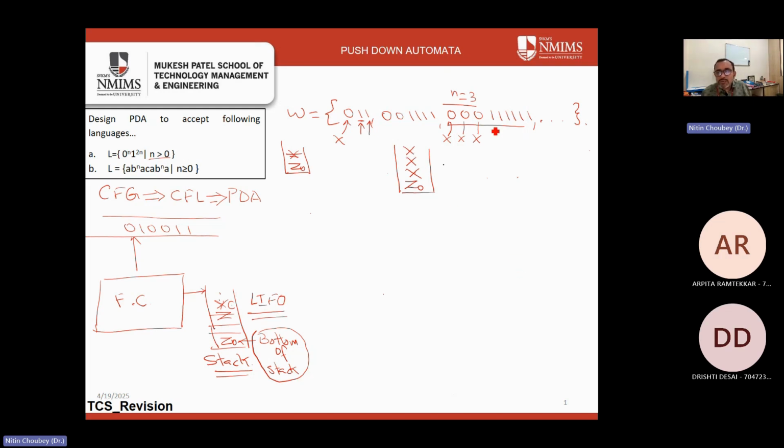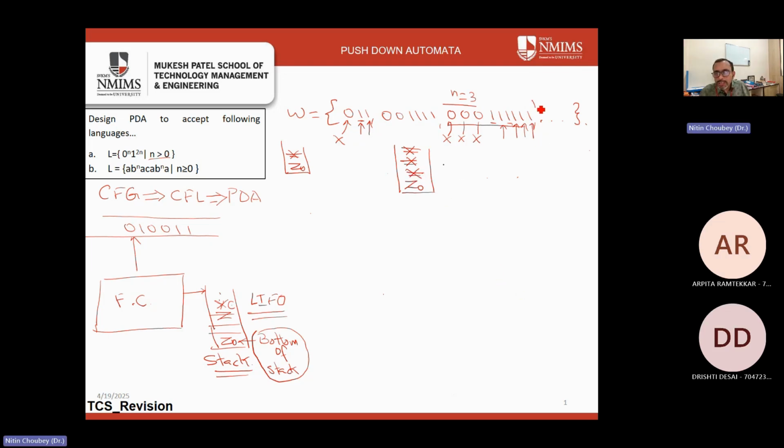As soon as we get 1s, for each odd one, we will do nothing. For each even one, we will pop one symbol from the stack. So this is an odd one, leave it. This is an even one, pop the symbol from the stack. Again, odd one, leave it as it is. For the even one, pop this symbol.